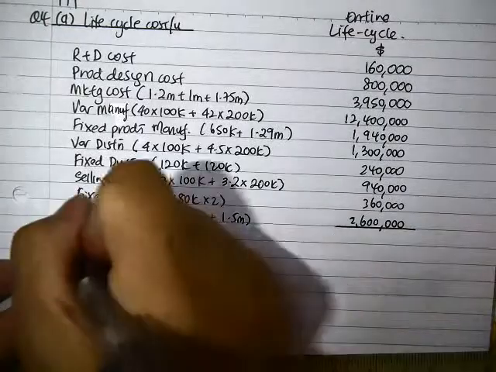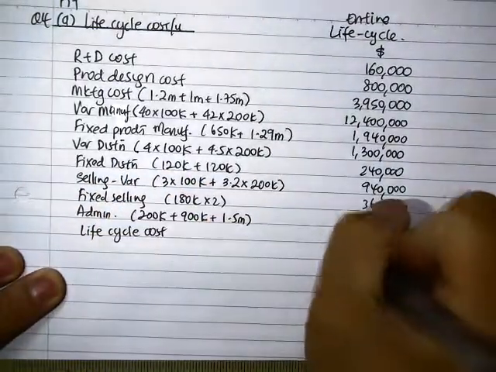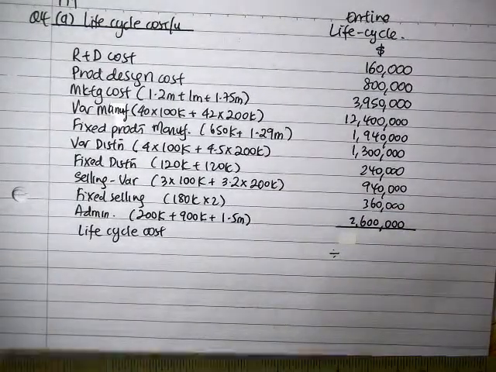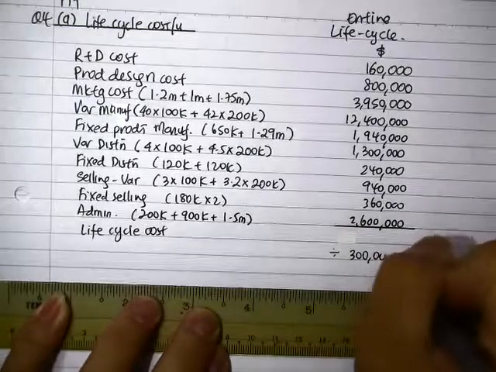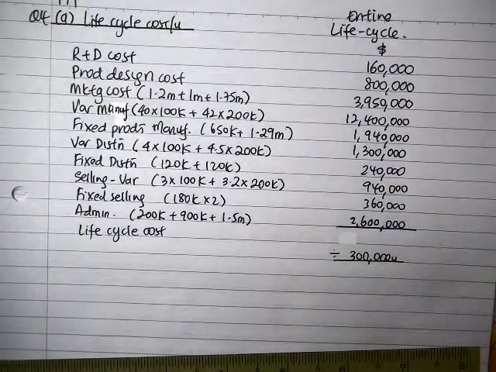So this is the life cycle cost. Then we divide it by the total units in the life cycle, which is 300,000 units. Then you get your answer. Follow? That's it. So I just want to show this question to let you know what is called life cycle cost.